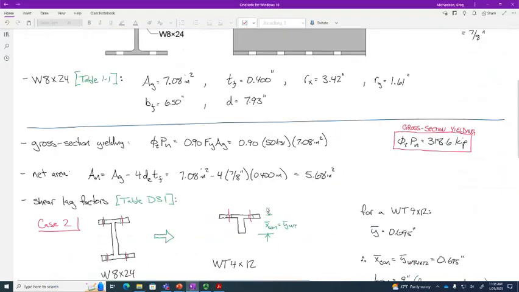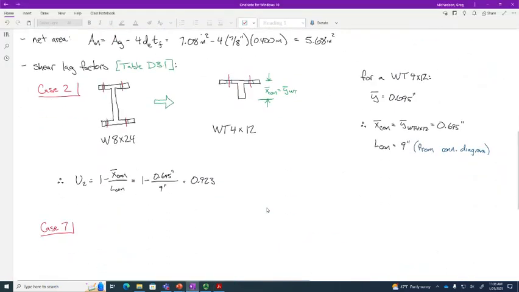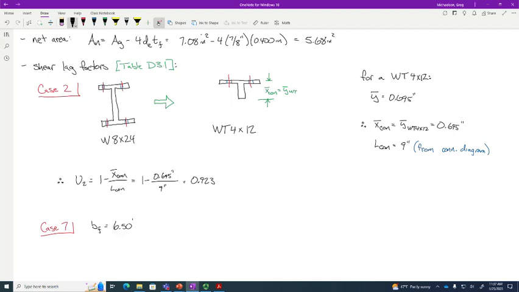So going back up here, the flange width, we already looked that up. Flange width was 6.5 inches. What is 2/3 of the depth? So it's 2/3 of 7.93 inches. I think that's what it was. Yeah. What is that? I got 5.29. You're right.